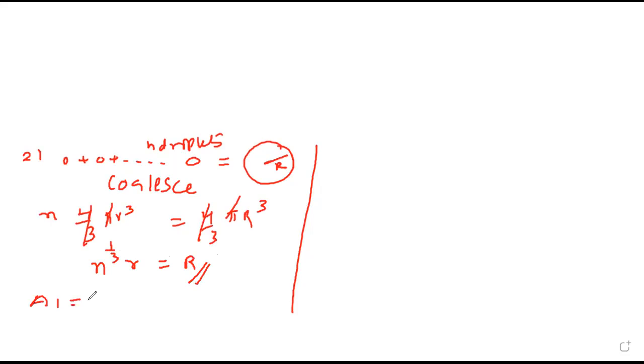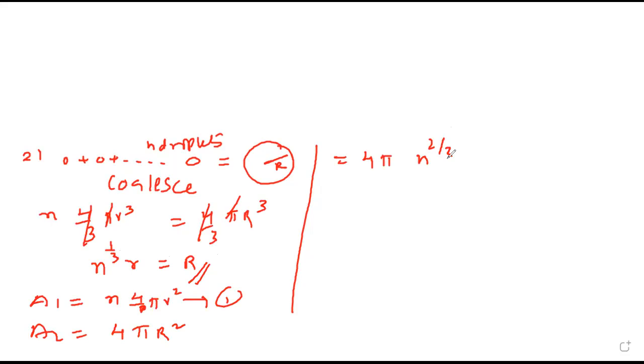Area of n droplets is n into 4 pi small r square. Area of one bigger drop is 4 pi capital R square, which will be 4 pi n raised to 2 by 3 into r square. So change in area will be A1 minus A2, because the droplets' area is always bigger.